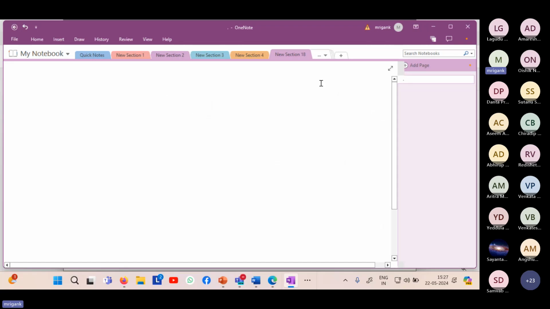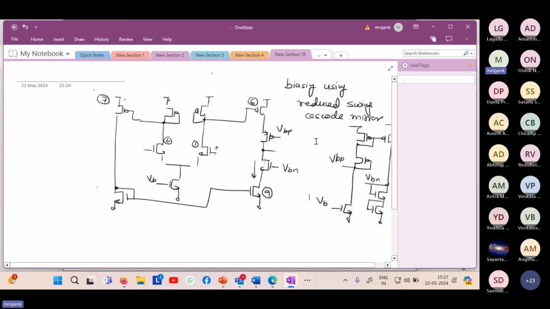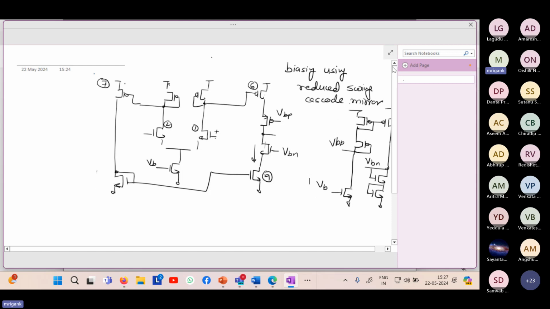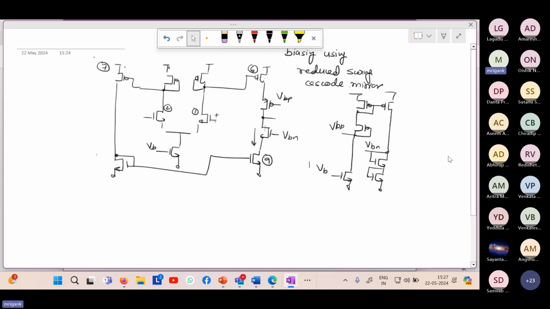Now, if you look at this condition, what is going to be the swing? What is going to be the voltage swing at the output? How is it going to be limited? What is the V out min that we can have in this scenario? What will decide the V out min?